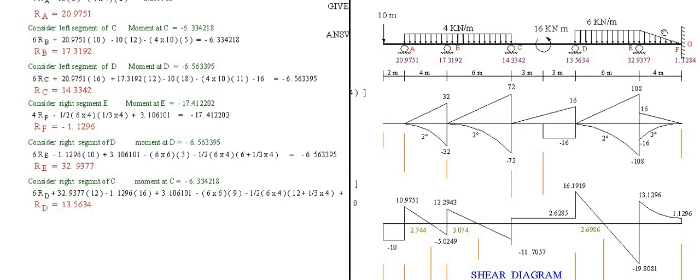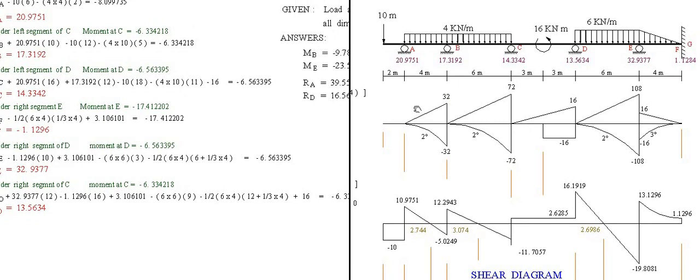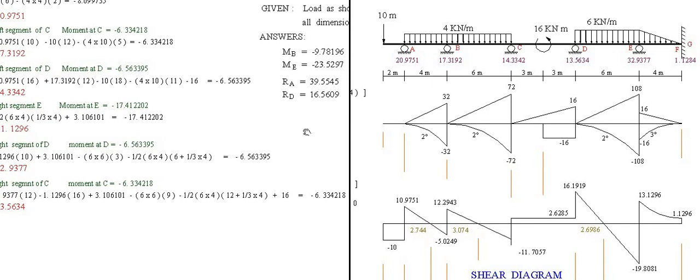Then the triangle, 1/2 of 6 by 4, distance from C is 12 plus 1/3 of 4. Then we have a couple left, plus 16, and equate that to the moment at C, minus 6.3342.